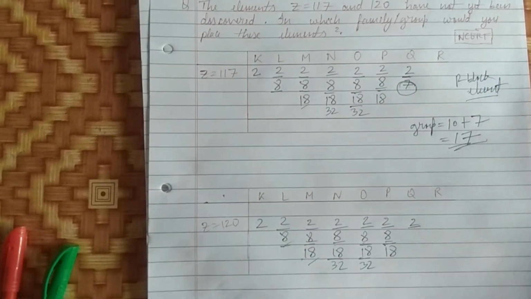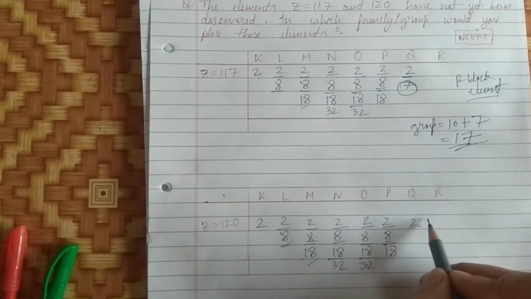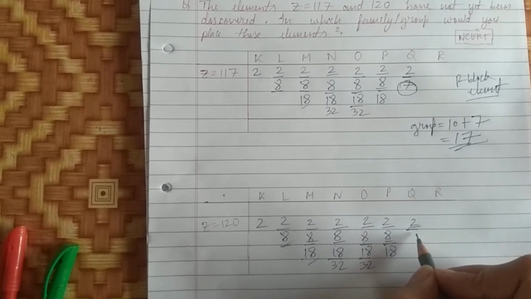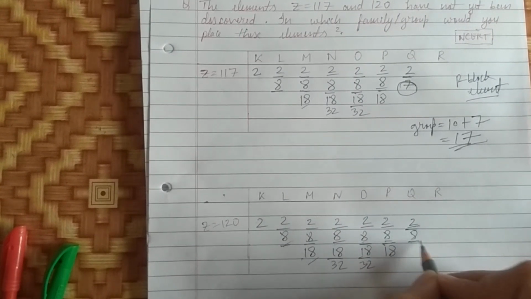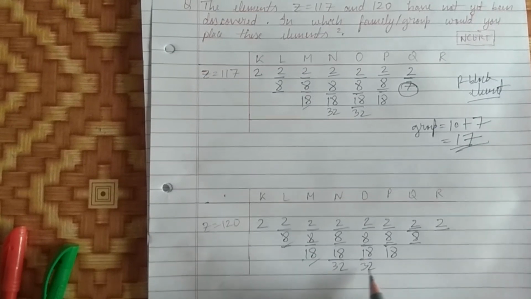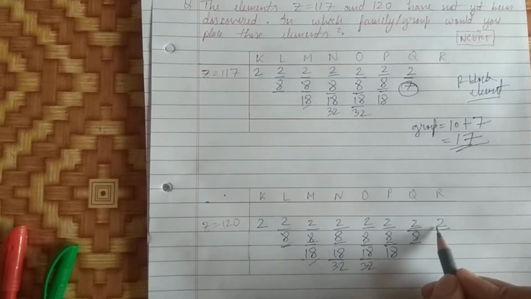Okay, and we will count first: 2, 10, 18, 36, 54, 86, 110, 118. So 2 more electrons, so it will be 2 electrons here. So the total is 120.